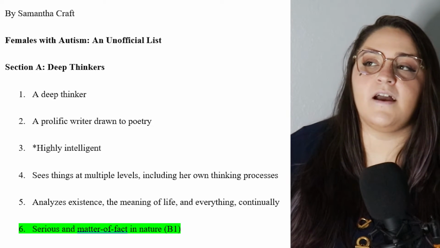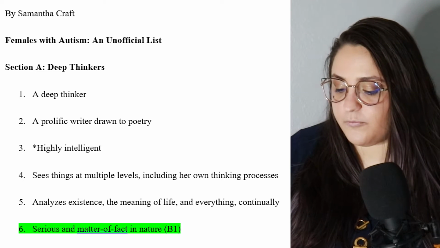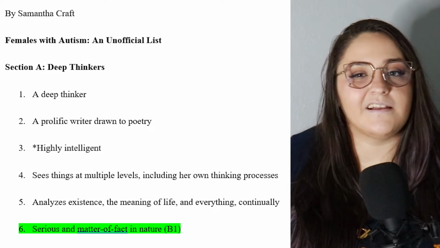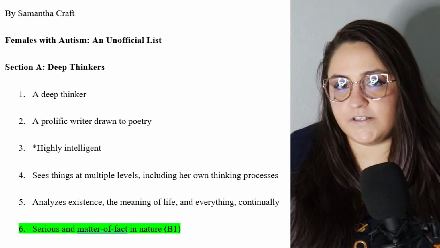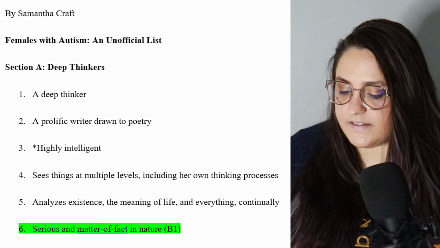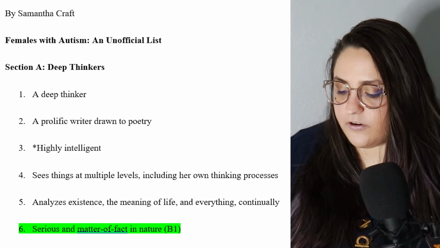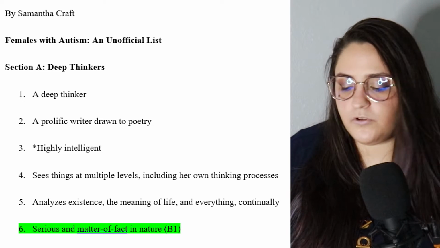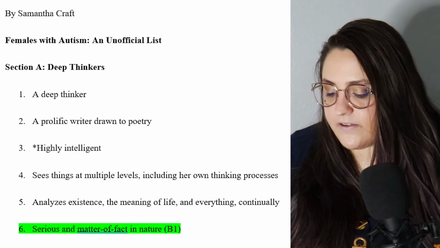So the idea of like a deep thinker, prolific writer drawn to poetry, those types of things aren't going to be really recognized as actual criteria. Highly intelligent, sees things at multiple levels, including her own thinking processes. These types of things really aren't that measurable. Analyzes existence, the meaning of life, everything continually.